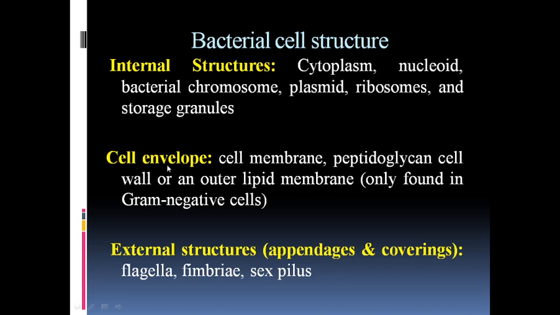The cell envelope includes the cell membrane, peptidoglycan cell wall, and an outer lipid membrane. The outer lipid membrane will be found only in gram-negative cells. Next, the external structures are called appendages and coverings, that is flagella, fimbriae and sex pilus. These are the structures of the bacteria.